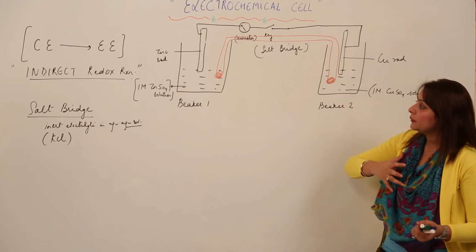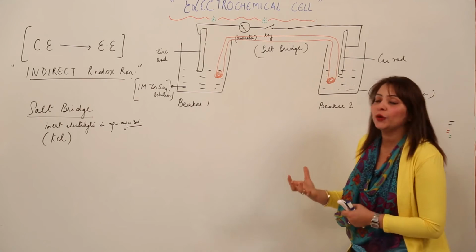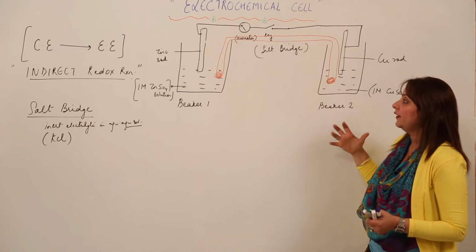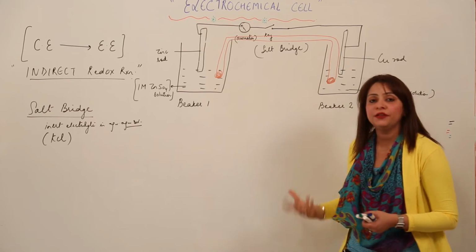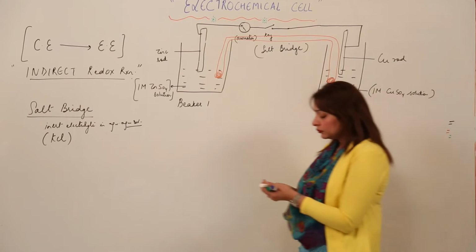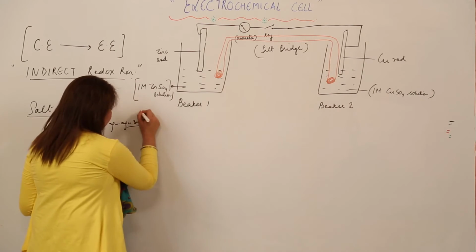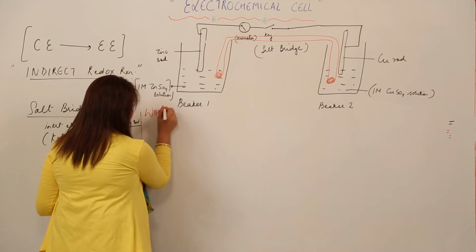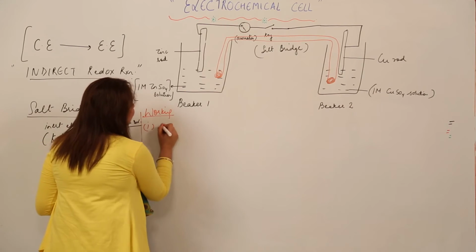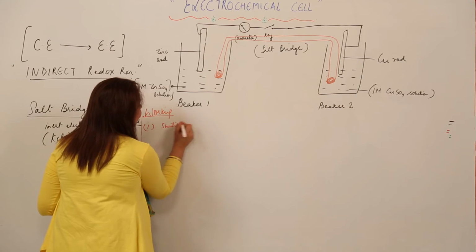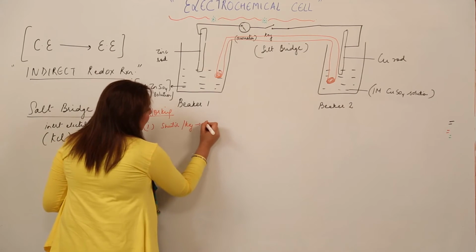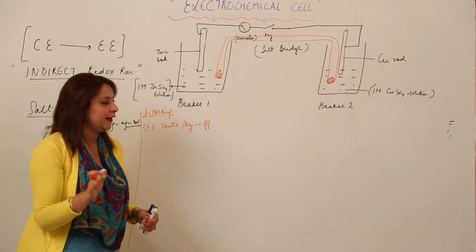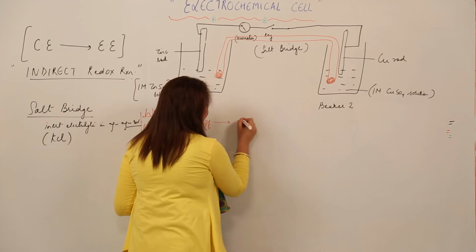Now we'll start with the working, how it is working, how the oxidation is occurring, and what kind of changes we observe in these two beakers. So initially, when the switch, or you can say key, is off, like this, there is no connection between the wires, then what we get to see is nothing.